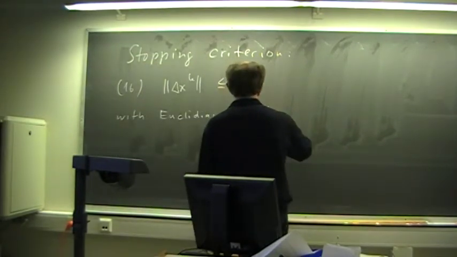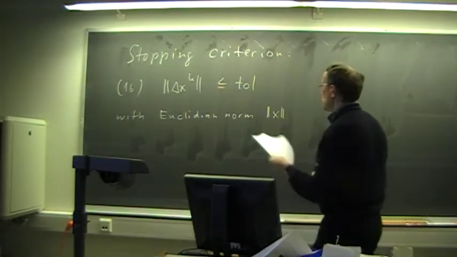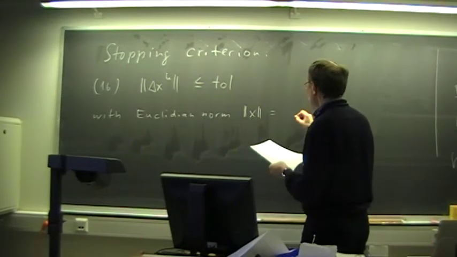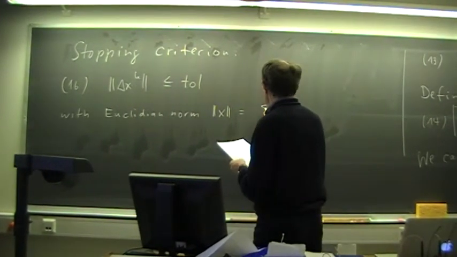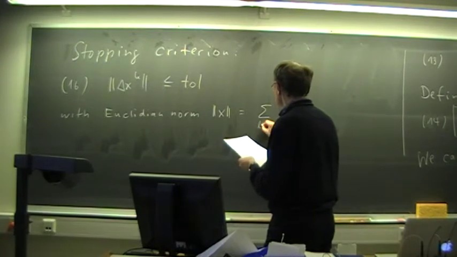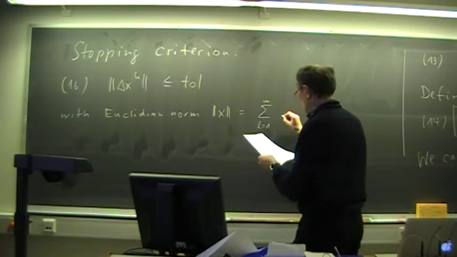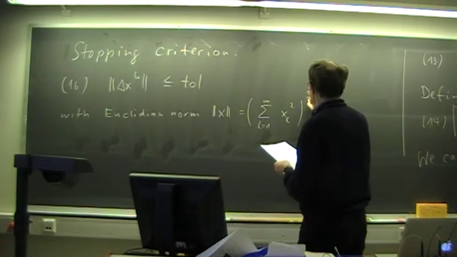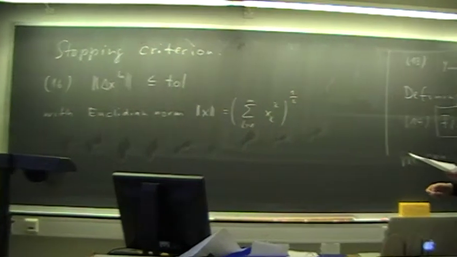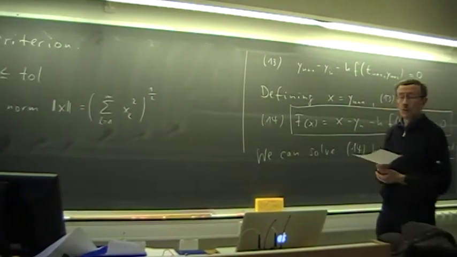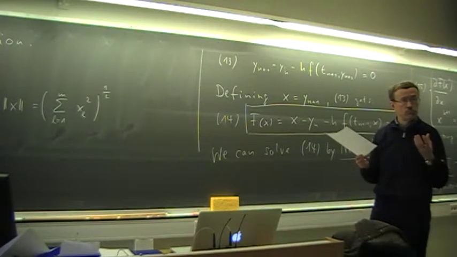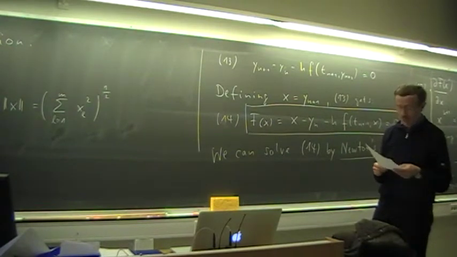The norm of x, corresponding here to delta x, for an m vector x would be the sum of all components xl squared, and then we would take the square root of that. You could use also other norms, the norm just gives you a measure of the vector. So here that would be the two norm, or the Euclidean norm.